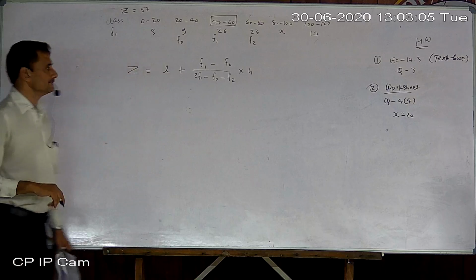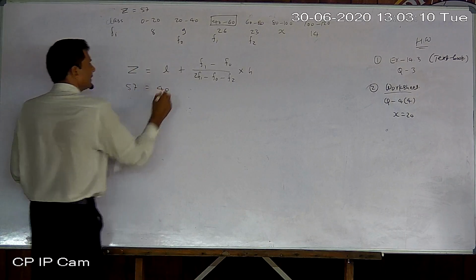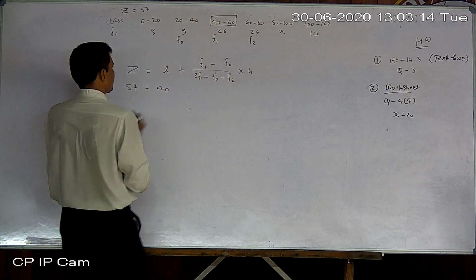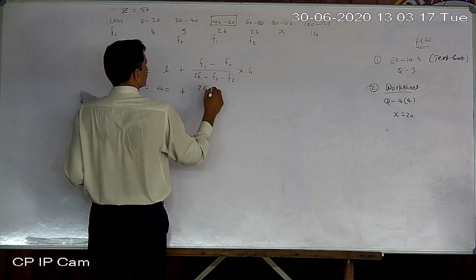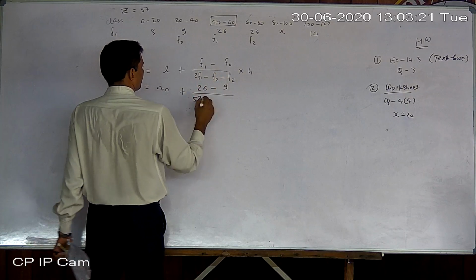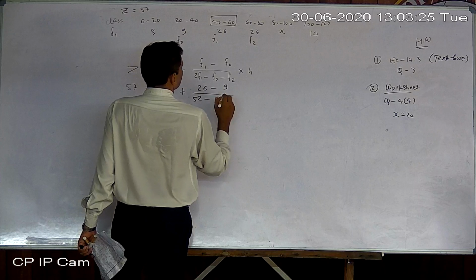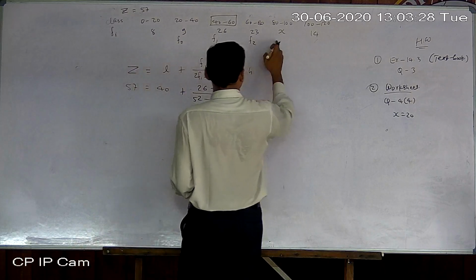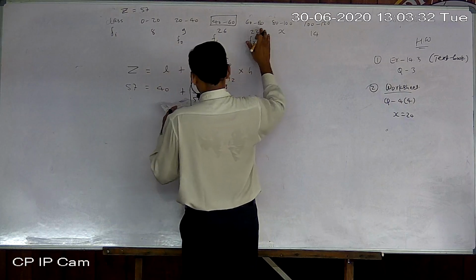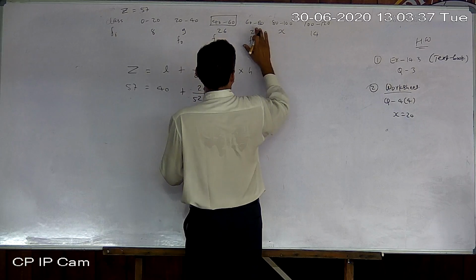Write down all values. Z is 57, L is 40, F1 is 26, F0 is 9. Twice of 26 is 52 minus 9. Sorry, X should be here only, otherwise it is not possible. So I just change that one here.